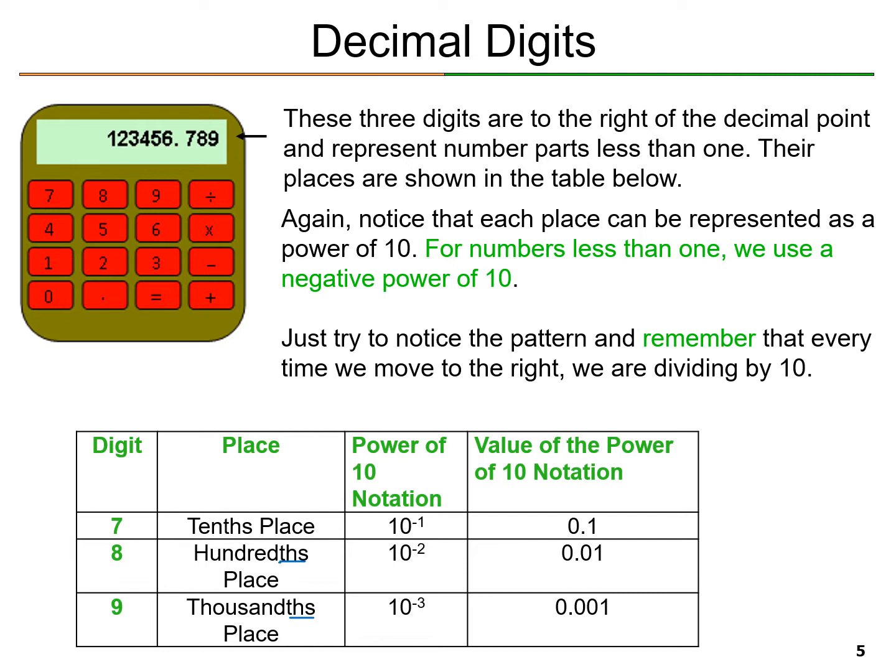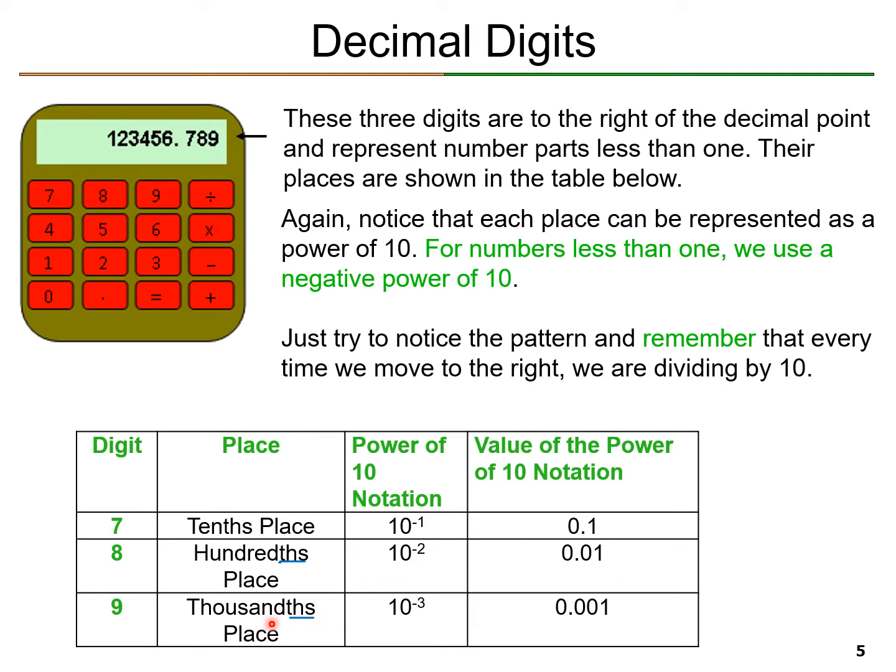What is the worth of the tenths place? So let's go over here to the worth column. The tenths place is worth 0.1. The hundredths place is worth 0.01.